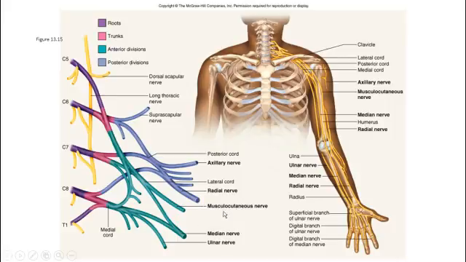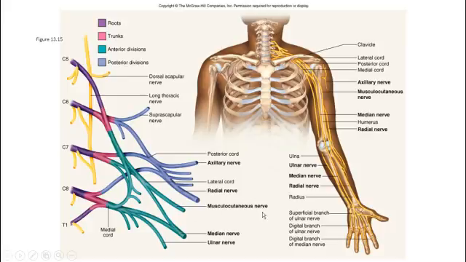If we look at the musculocutaneous nerve, this is the nerve that innervates the biceps. If we trace that back, we can see it's getting elements from C5, from C6, and from C7 here, and that's making up the musculocutaneous nerve.